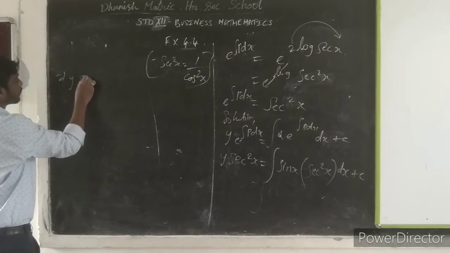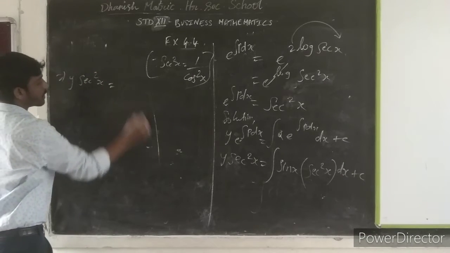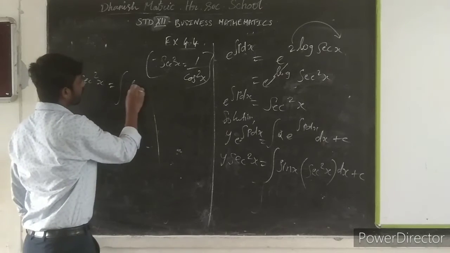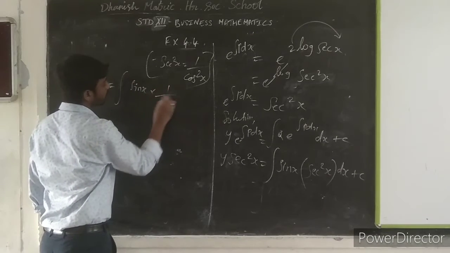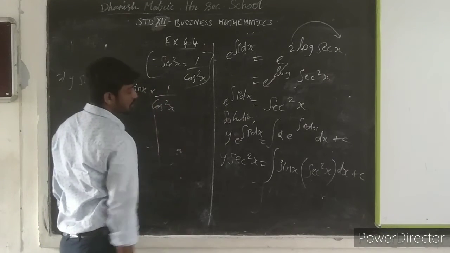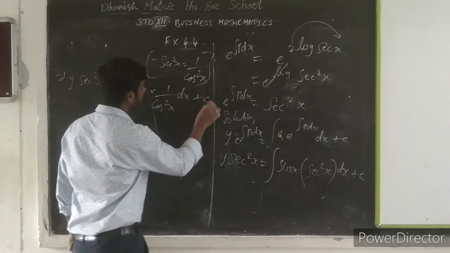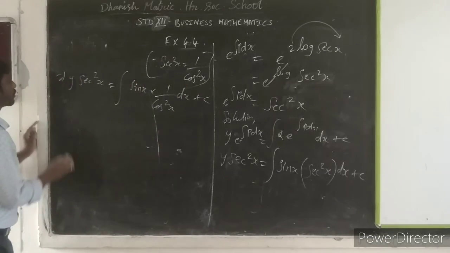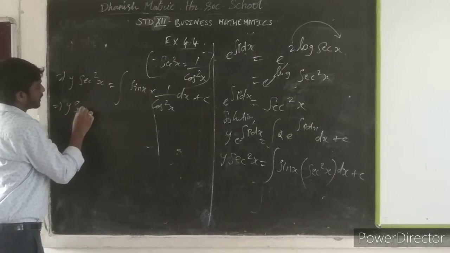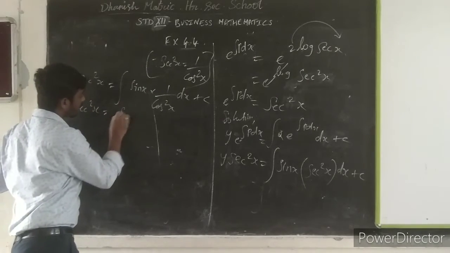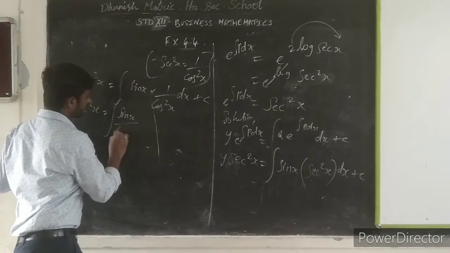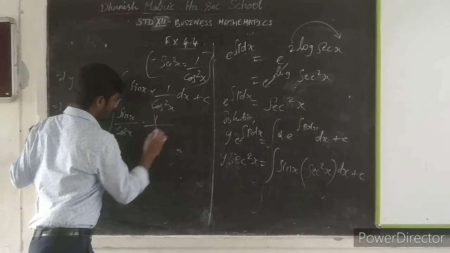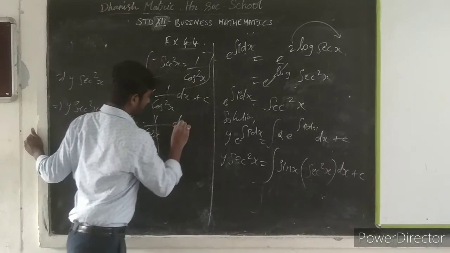So y secant square x equals the integral of sin x times 1 by cos square x dx plus c. This cos square will be split up into the integral of sin x divided by cos x times 1 by cos x dx plus c.